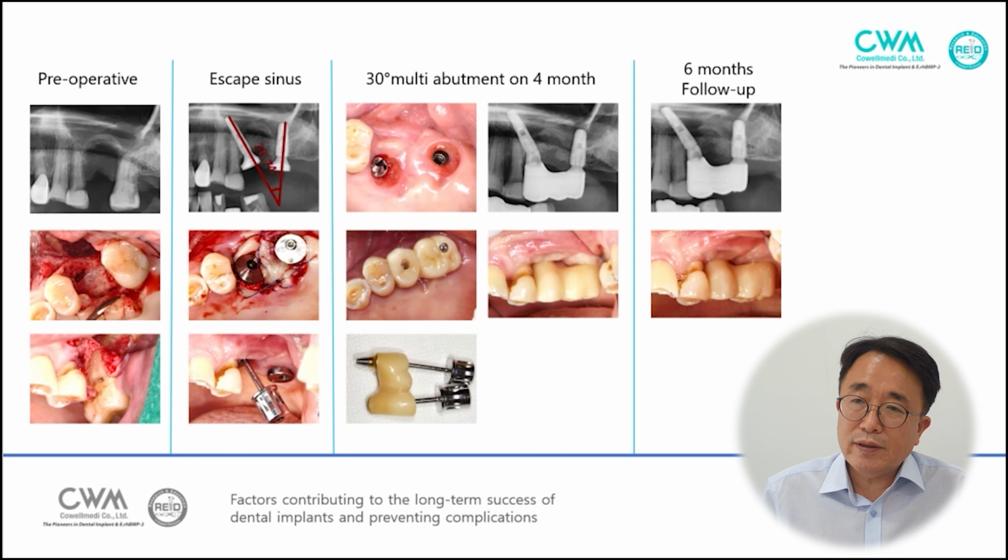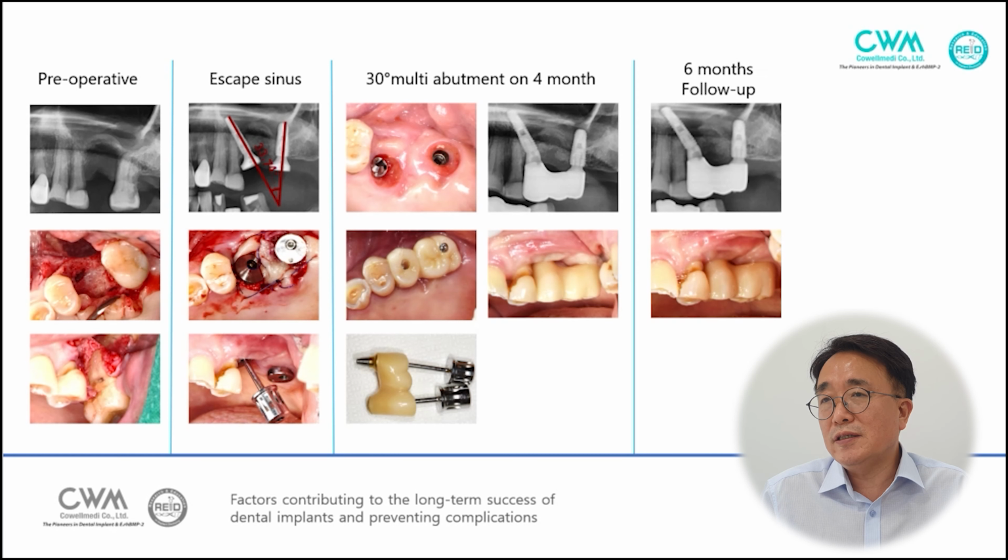So heavy lateral force is resolved in this cylinder screw and the cylinder side. But if you use direct casting between the implant and the metal framework, there is no gap between the implant and the metal framework.